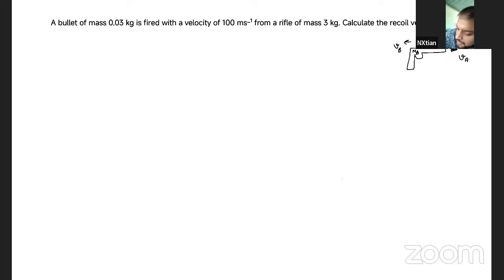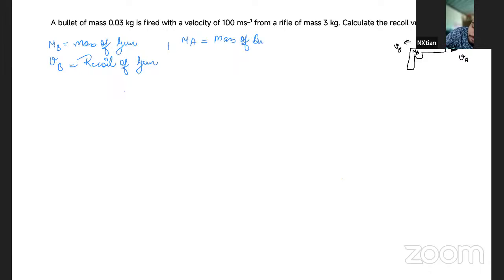MB is the mass of the gun, VB is the recoil velocity of the gun, MA is the mass of the bullet, and VA is the velocity of the bullet.